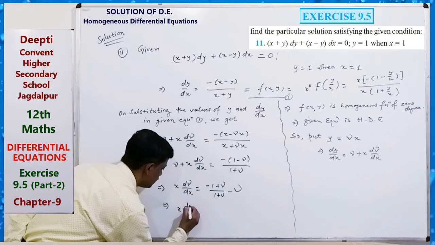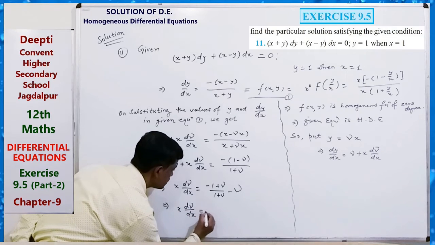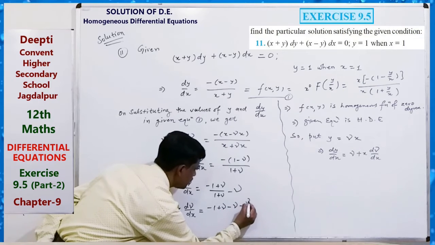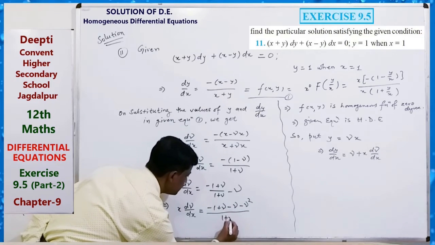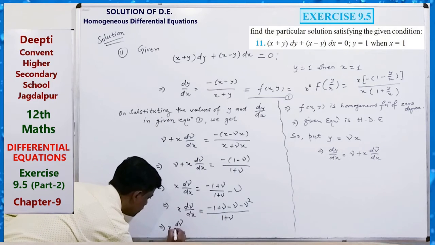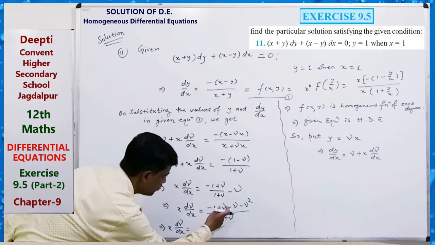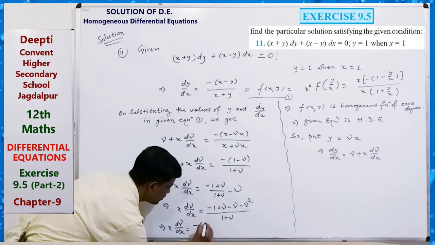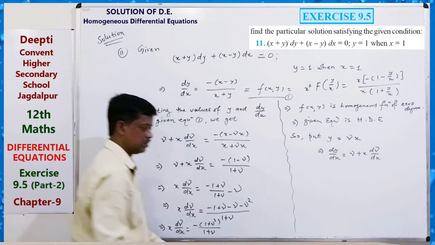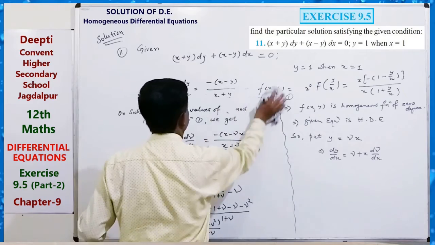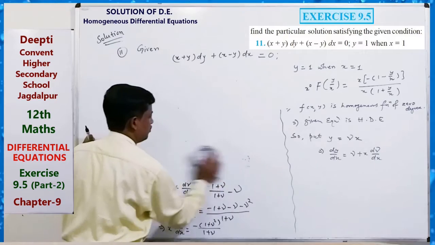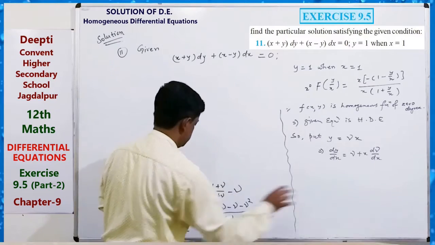It implies x dv upon dx equals minus 1 plus v minus v square upon 1 plus v. So we see that x dv by dx equals, after cancelling, minus (1 plus v square) upon 1 plus v. So it can be solved now by using the variables separable form.